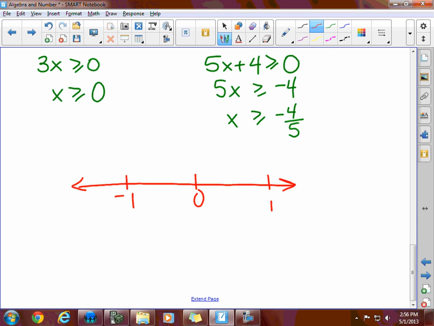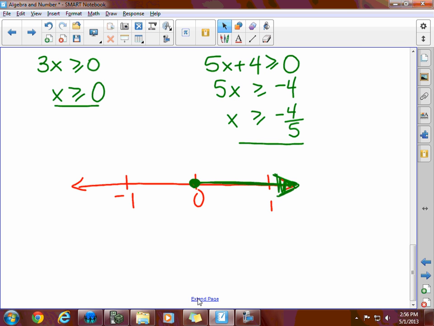The first restriction here says x has to be greater than or equal to 0. So here's 0, and greater than or equal to 0 is this stuff. All of those numbers would make this original equation true. The next one says x has to be greater than or equal to negative 4/5. Negative 4/5 is somewhere here, and it's saying as long as the numbers are bigger than that, we have this to be true.